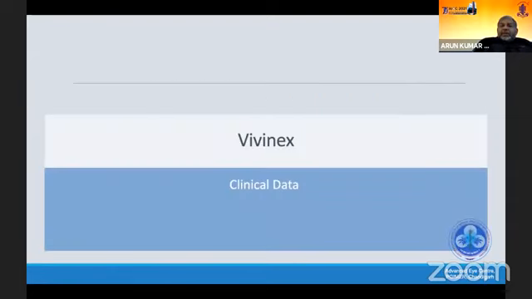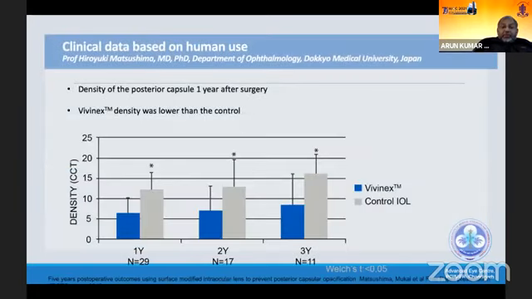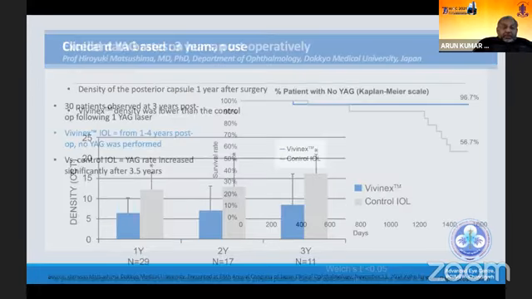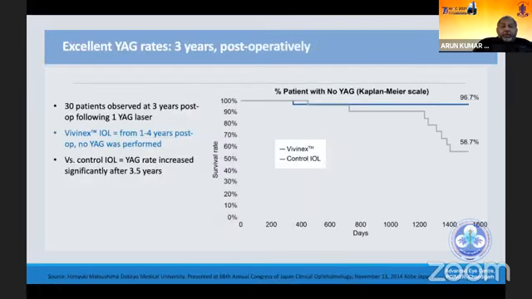And the clinical data on file has shown that as compared to other platforms, the PCO rates are much less with Vivinex. This is one study from Japan, which shows that the 4 year YAG capsulotomy rate with Hoya Vivinex was much lesser as compared to the other control platform.